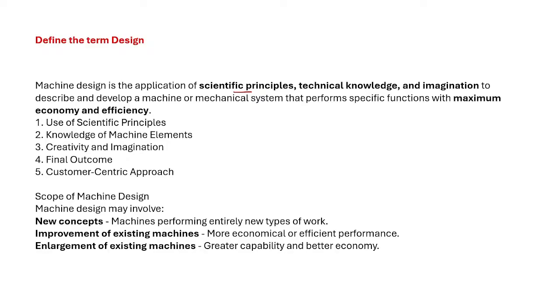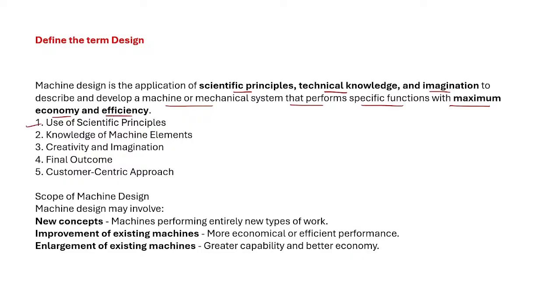All these are examples of scientific principles. Next is the technical knowledge and imagination to describe and develop the machine or a mechanical system that performs a specific function with maximum economy and efficiency.